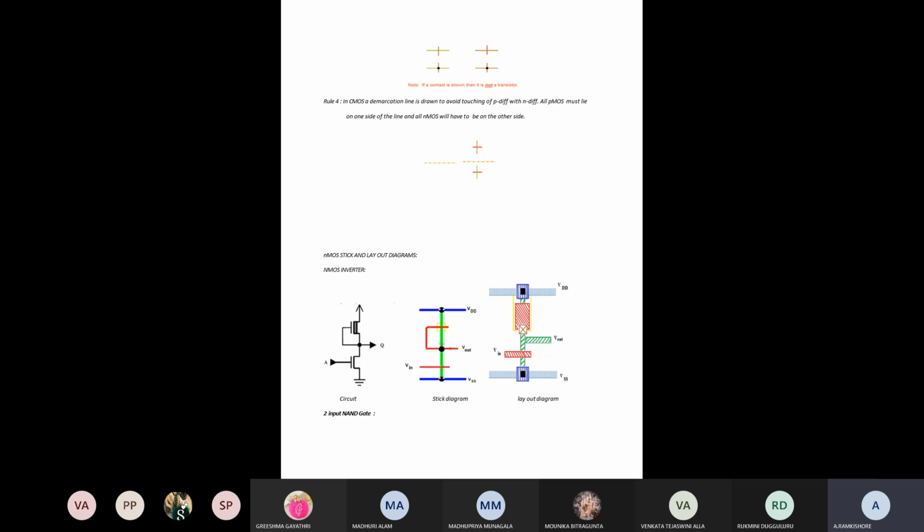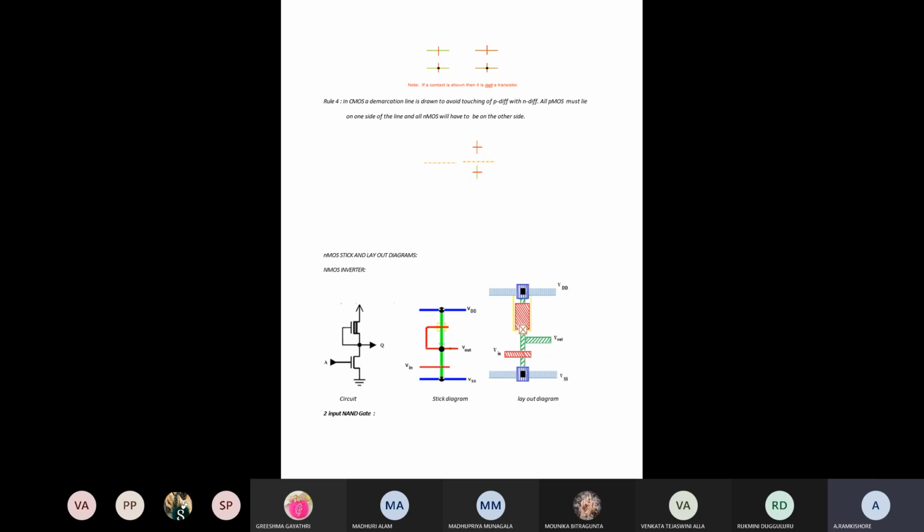The inverter has only one input, and at the output side, the output is the complement of the input. If the input is a, we get the output y is equal to a bar.